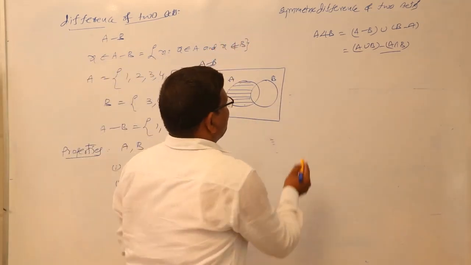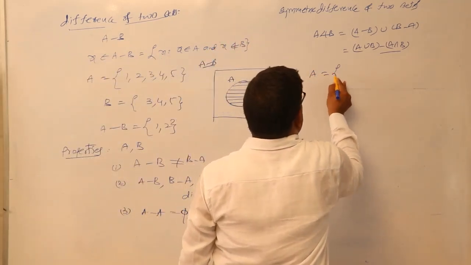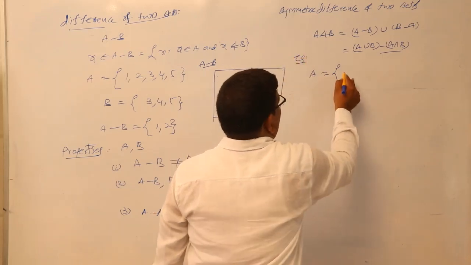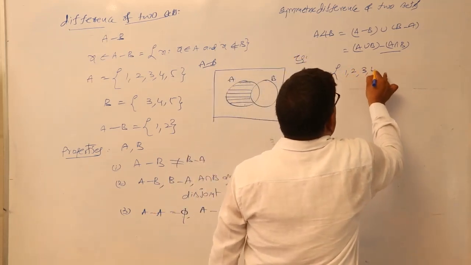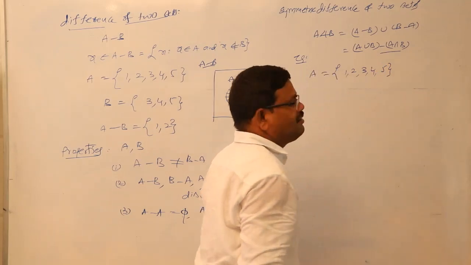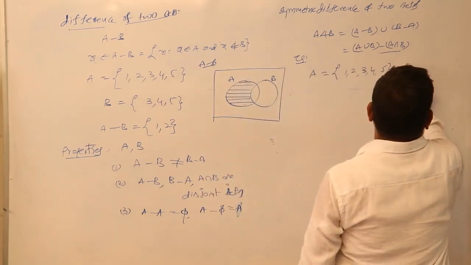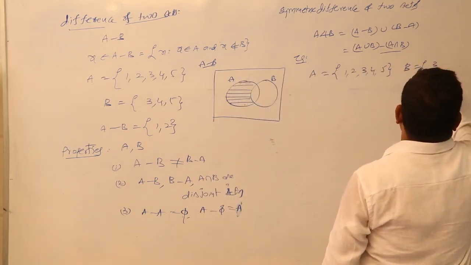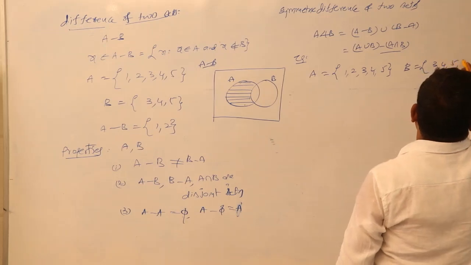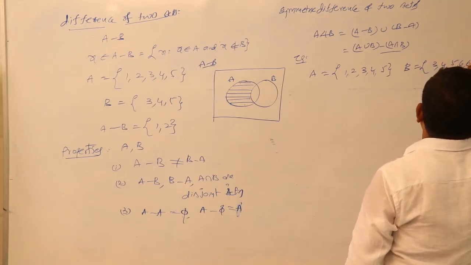For example, suppose A is the set 1, 2, 3, 4, 5 and B is another set 3, 4, 5, 6.